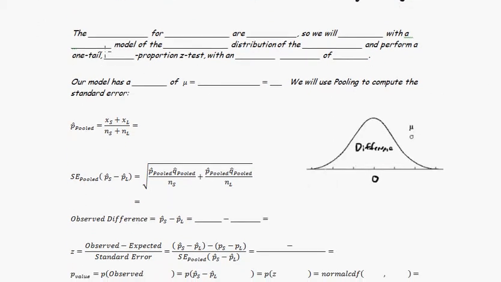Okay, so now the conditions for inference are satisfied, so we will proceed with a normal model of the sampling distribution of the difference.